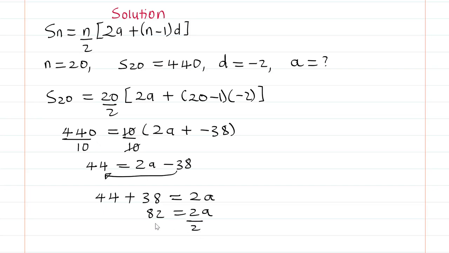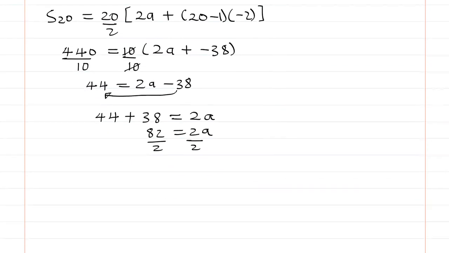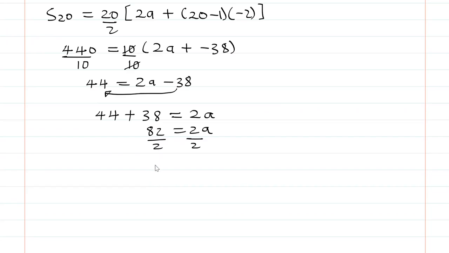Now we divide both sides by 2. 82 divided by 2, we get 41. So 41 equals our first term a. Therefore, for this question, the first term a is 41.